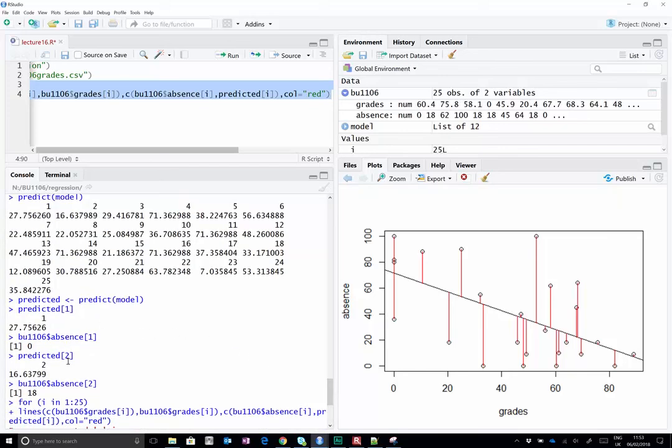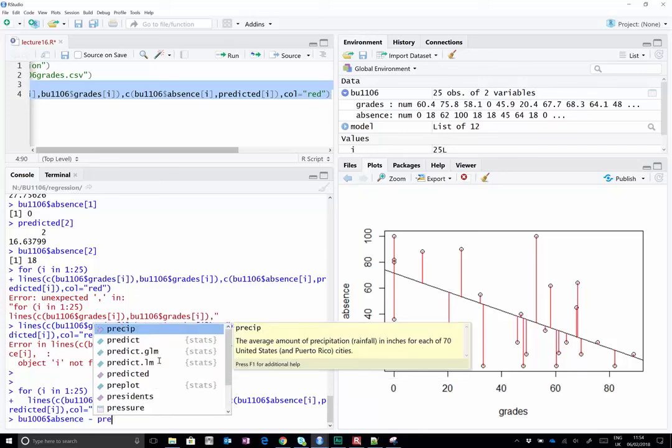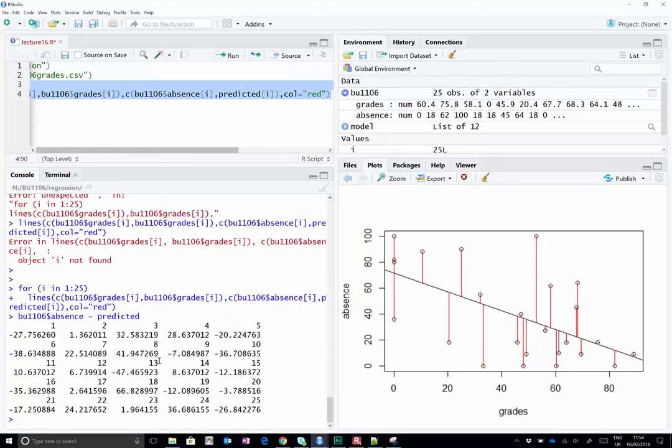So we can actually, here we looked at absence and predicted lines earlier. Absence minus predicted. Yeah.